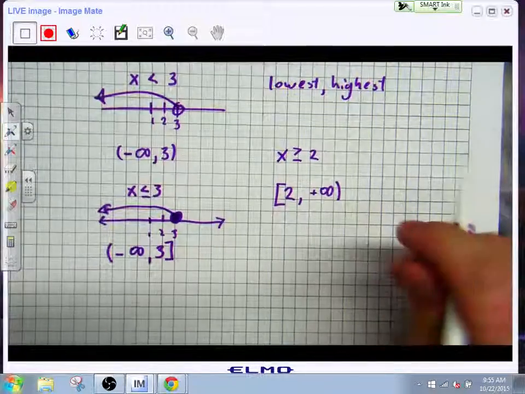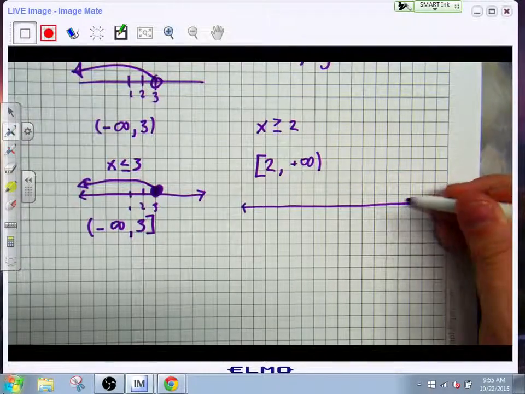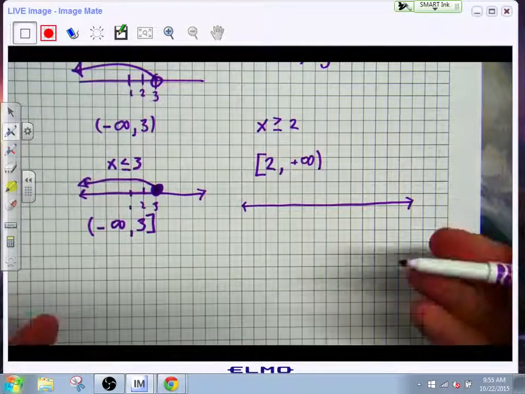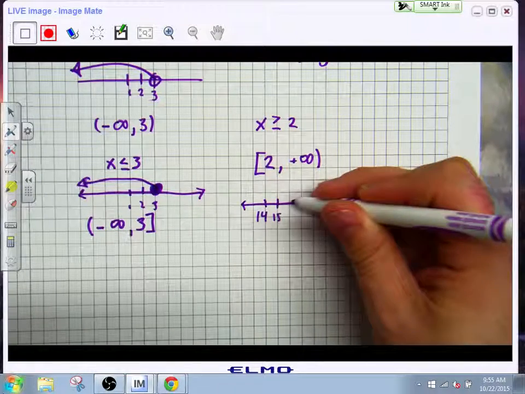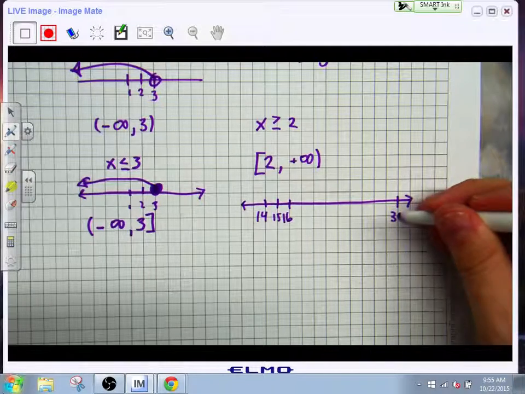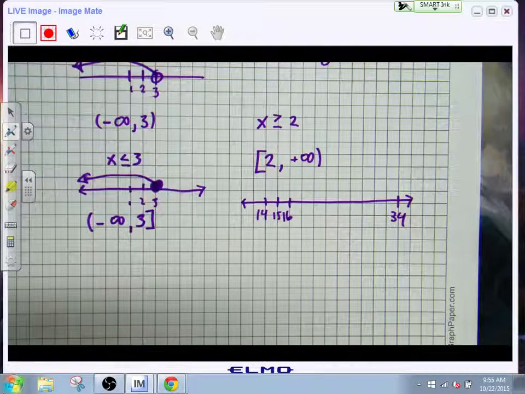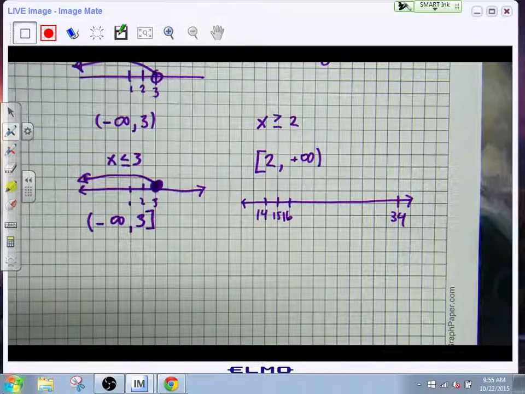So imagine instead I had a number line of our ages. Here's 14, here's 15, 16, and then all the way over here is 34 to represent me. And I wanted to represent in this number line all the possible ages of people in this room. There's no one under 14. There's no one over 34.